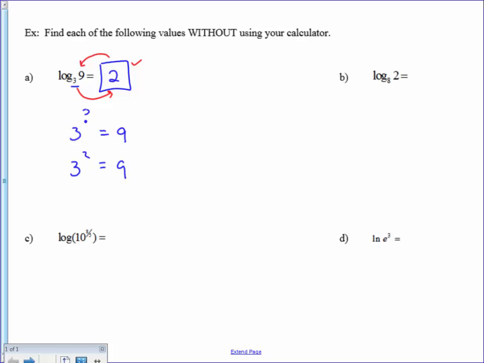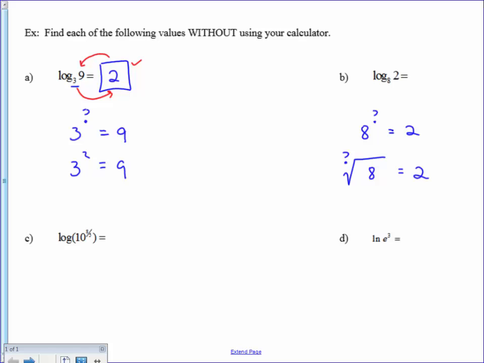Okay, next one over, we have 8 raised to what power would give me 2? This is a situation where my argument is actually smaller than my base. So actually what I need to think of is what root of 8 would give me 2. In other words, to get from a larger base to a smaller argument, I must be taking a root.